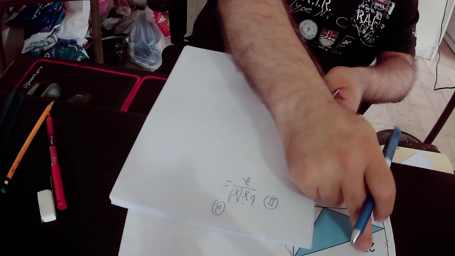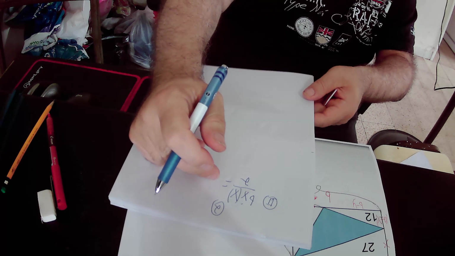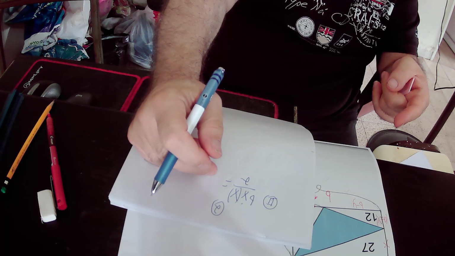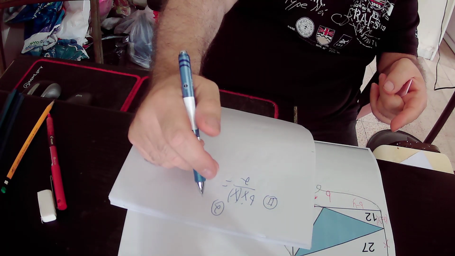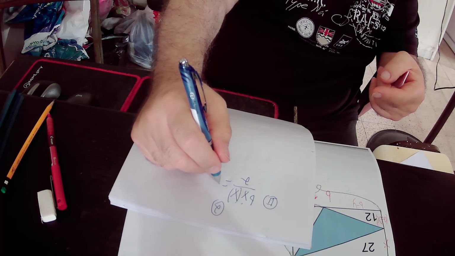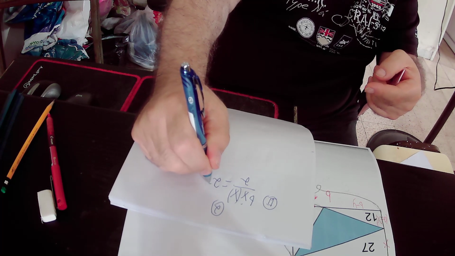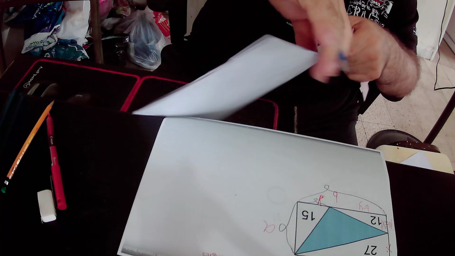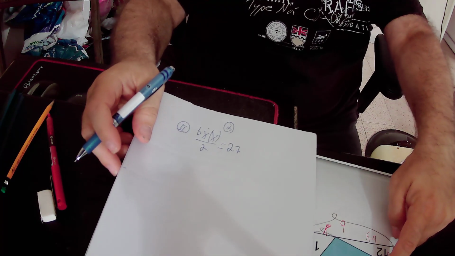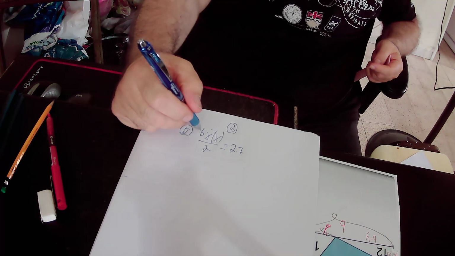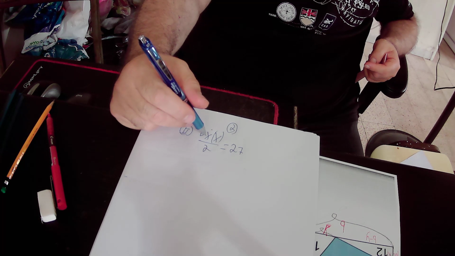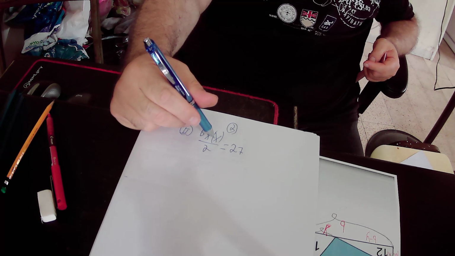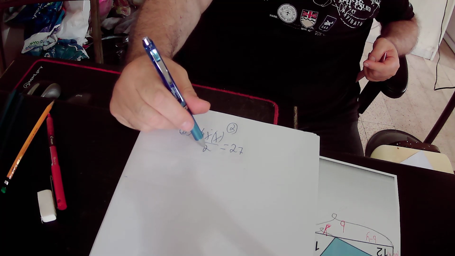Equals the area of this triangle, but we already know that the area equals 27 units, so we write immediately that it equals 27 units. Again, the area of this triangle equals the base, that is b, times the height, that is x, divided by 2.